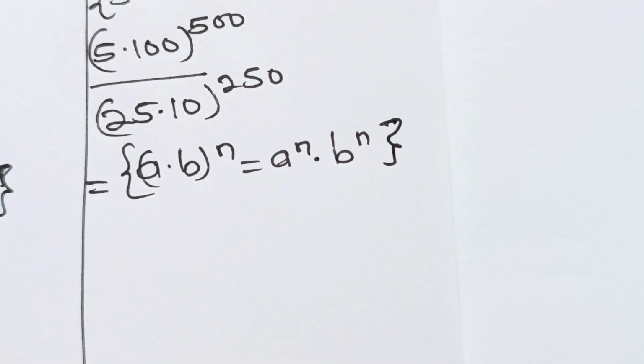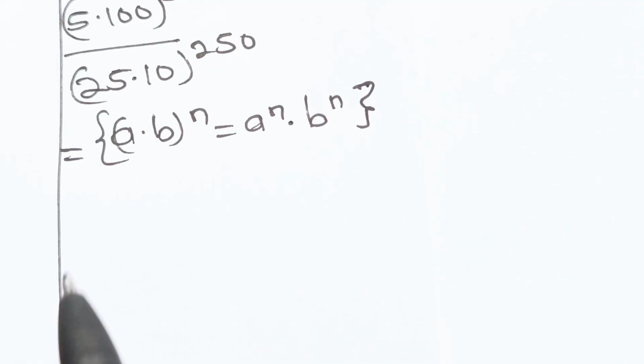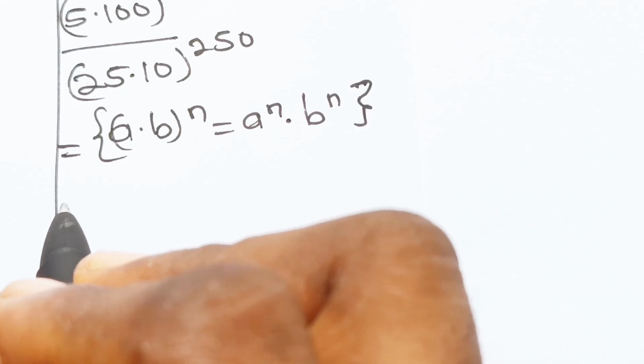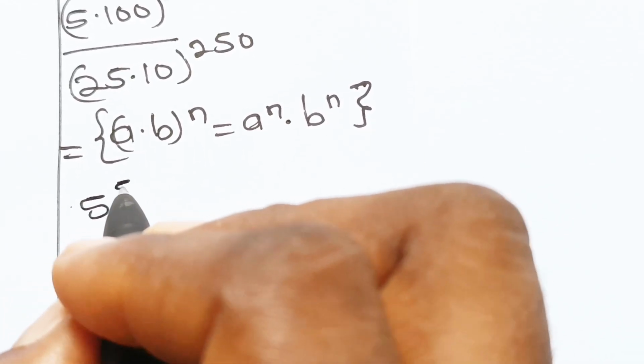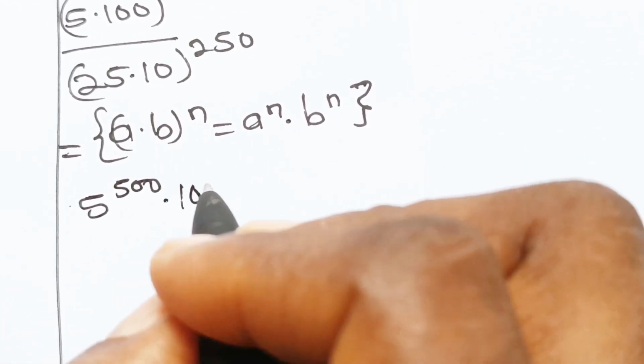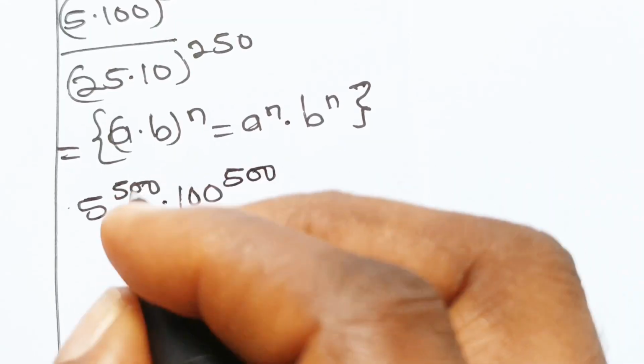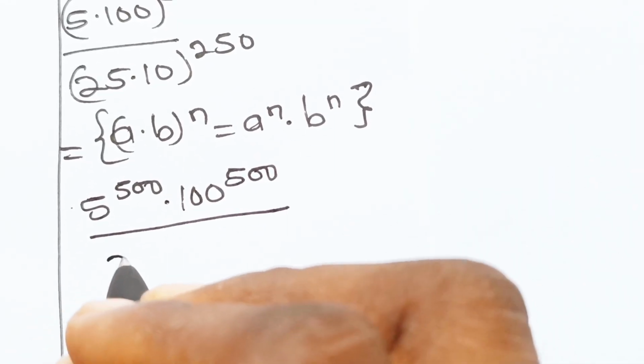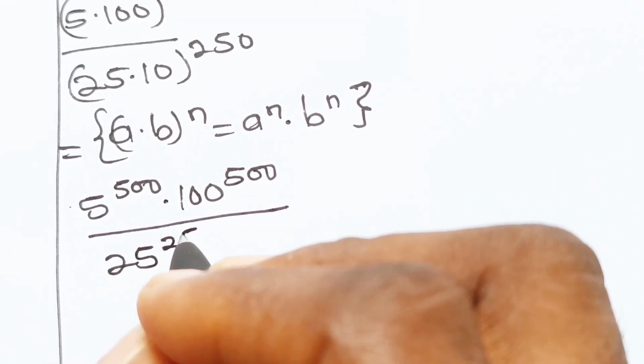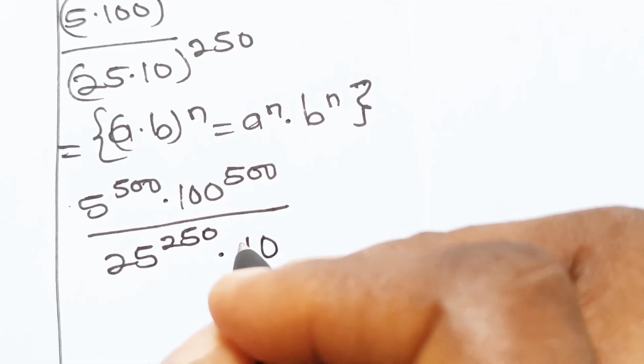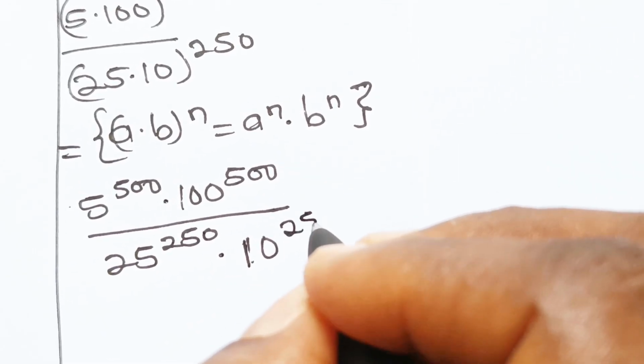Therefore, we can write this as 5 to the power of 500 multiplied by 100 to the power of 500 divided by 25 to the power of 250 multiplied by 10 to the power of 250.